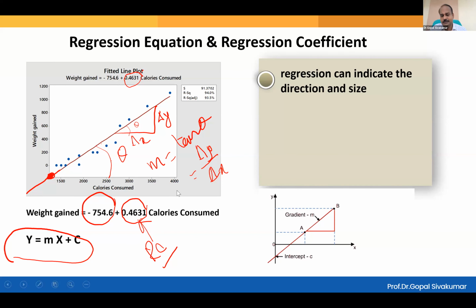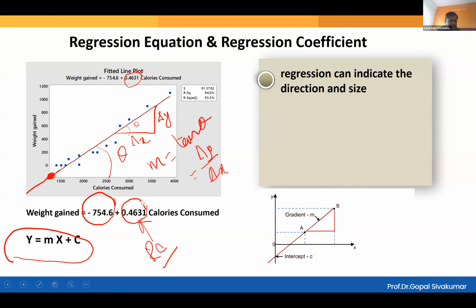What is the size of the relationship? If I change x by a certain amount, how much will y change? Why should you need this information? Your project is to optimize your y. For optimizing the y, you must optimize the x. But how much should you optimize? Now regression is going to tell you an important piece of information. Please note here.